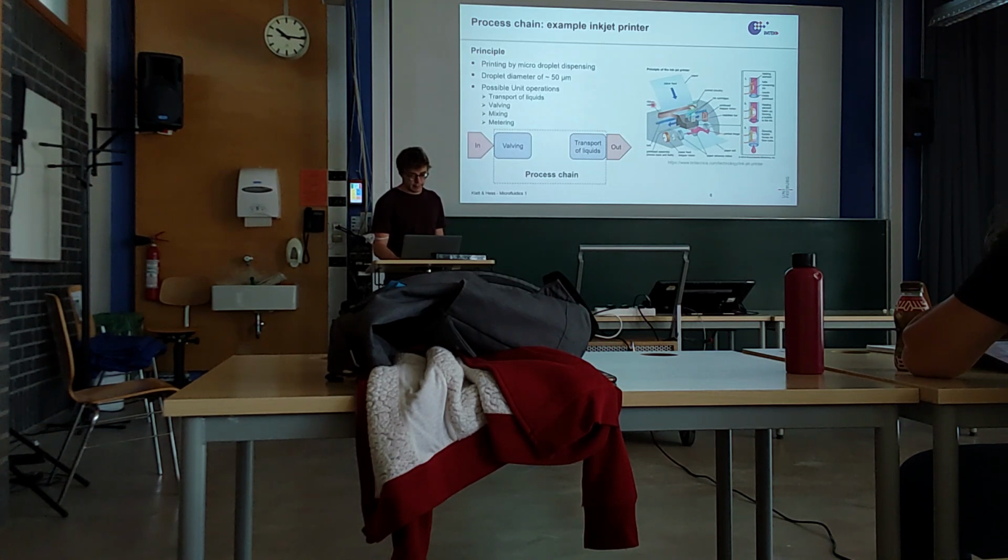So what we do first is there's liquid inside your tube, that's your initial status. By building up this air bubble, you get a defined volume which is underneath your air bubble, right? And that's the valving procedure. So the liquid at the top is separated from the liquid at the bottom.